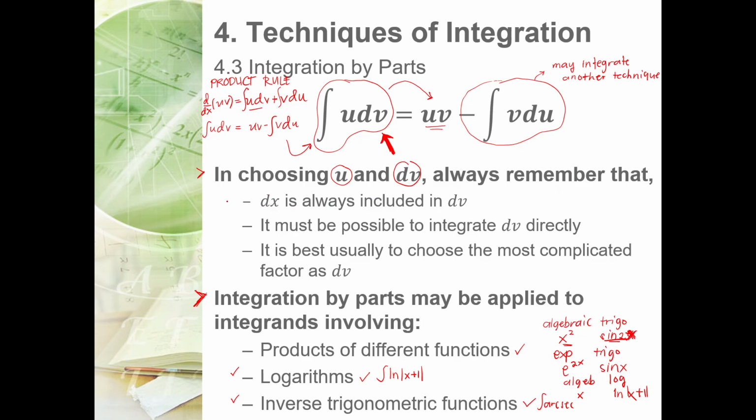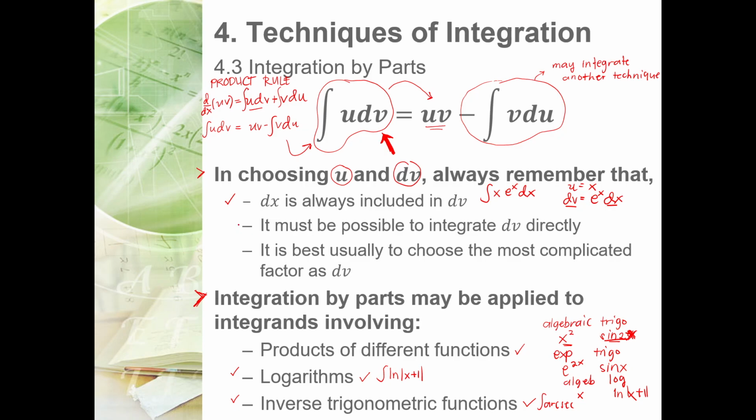For example, you're going to have x e to the power of x. Let's say you let dv be e to the power of x. You must include dx. Okay, so your u parameter is x. That's how you declare your terms.